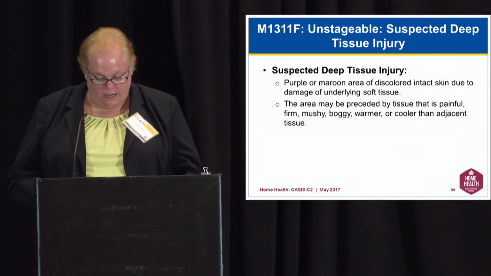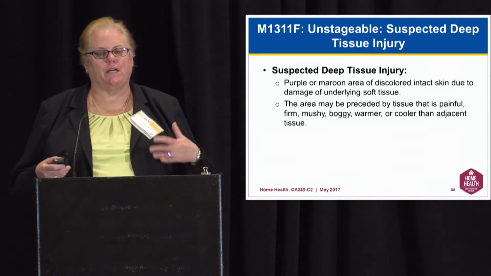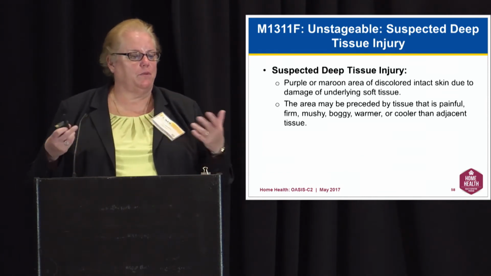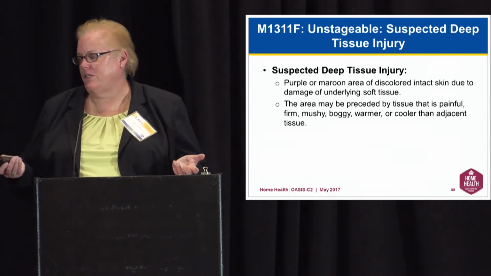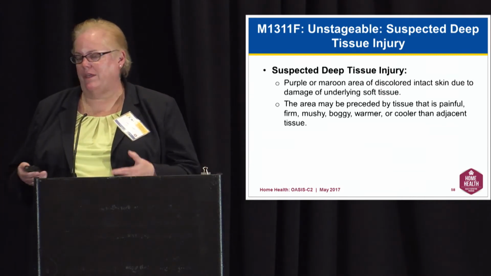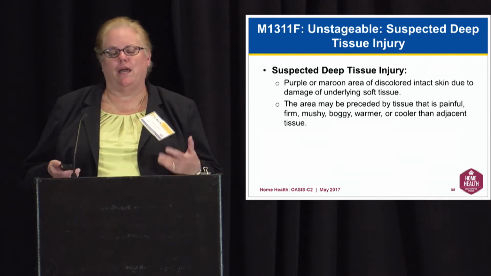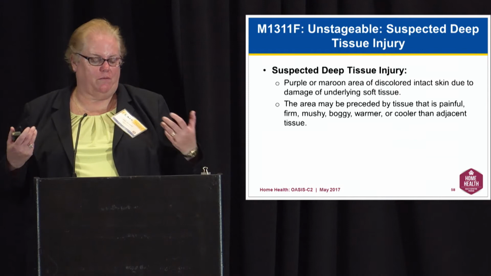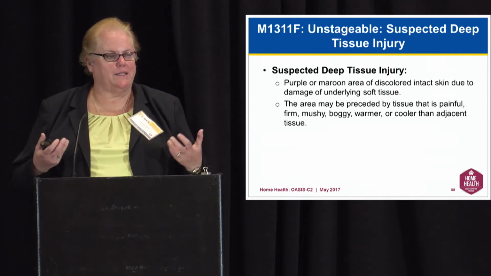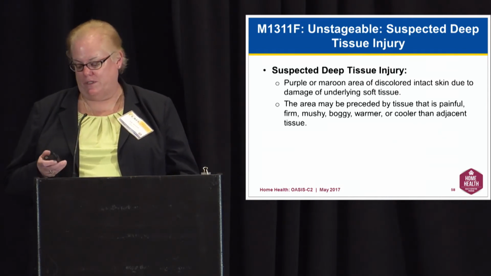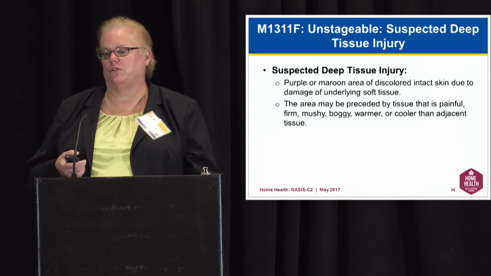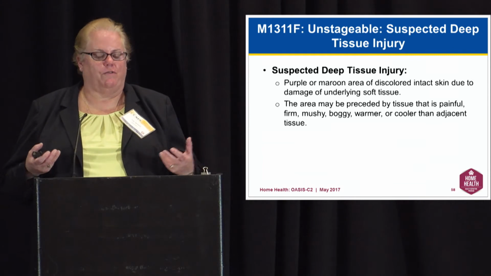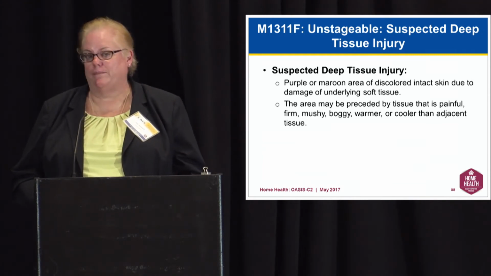And what can happen with these is often they'll define themselves within 48 to 72 hours, and they kind of tell you what they are. They just progress rapidly. Once the tissue opens up, you can start to get a sense of what it is. You can think something's going to be a stage 2, just superficial, and all of a sudden the tissue reveals itself, and you could actually have a stage 4 underneath there.